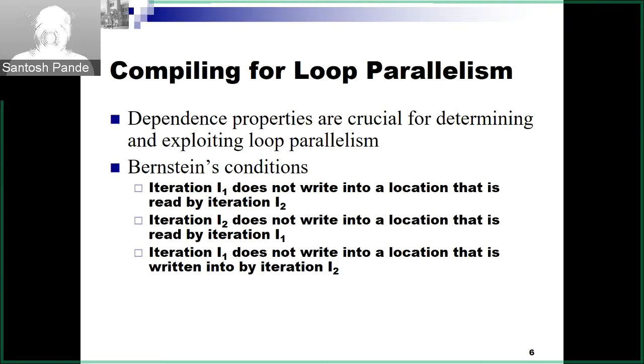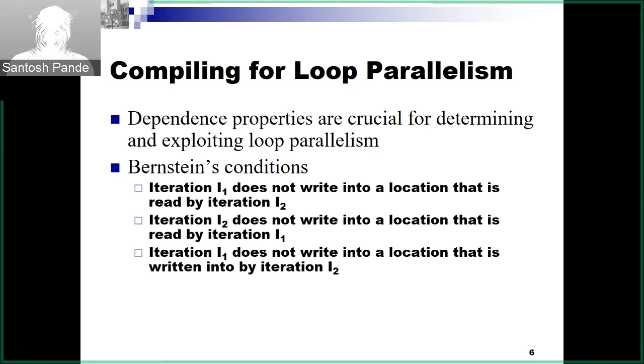If we try to parallelize this, there will be a problem again, because the order in which the read and write occur will get messed up. We will not be able to preserve this when I1 and I2 execute in parallel. And so the condition here is that we don't have such read-writes occurring in the original code.